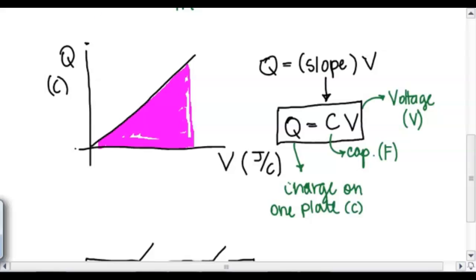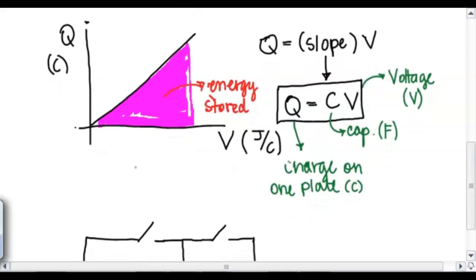Does that seem possible? So that's the energy stored. We like to use U for stored energy, and if you want to put a little C beside it to represent a capacitor, we can do that.